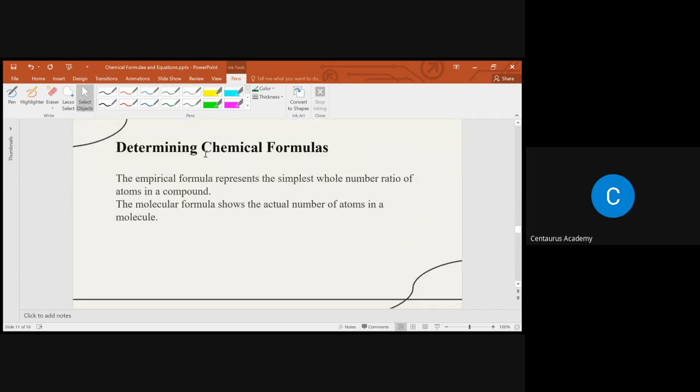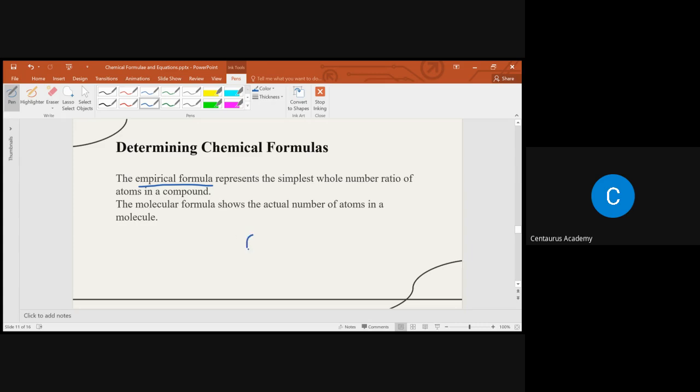Okay. Now moving on to the empirical formula and the molecular formula. The empirical formula is the simplest whole number ratio of the atoms present in a chemical compound. So all the atoms present in a chemical compound must be in their simplest whole number ratio. Otherwise, it won't be the empirical formula.